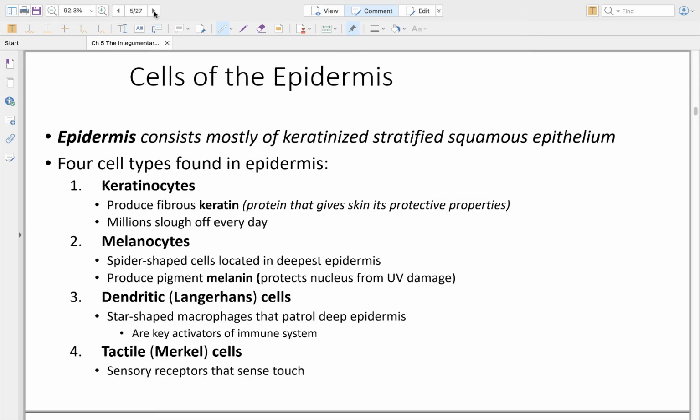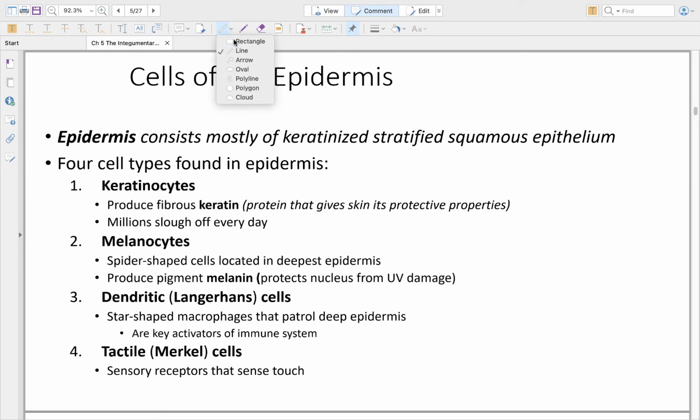All right, let's take a look at each one individually, and we're going to start with the epidermis. Before we can really get into the epidermis, let's talk about the cells found in it. Most of the epidermis is keratinized, stratified, squamous epithelial tissue.